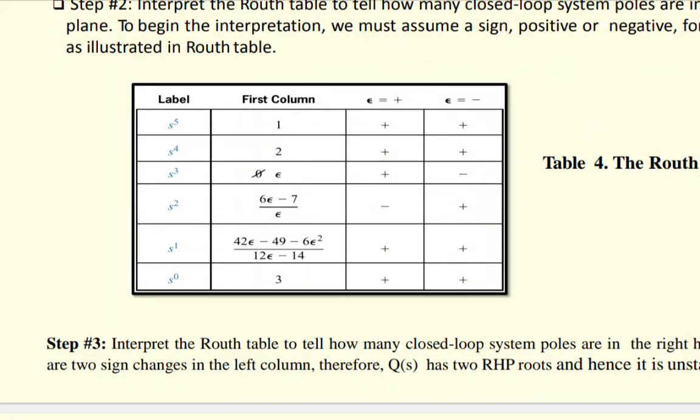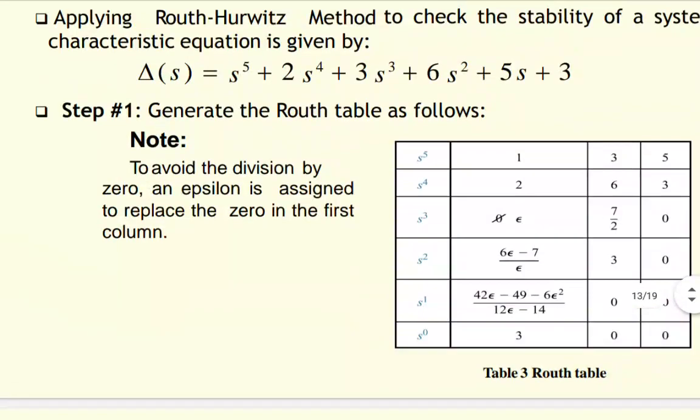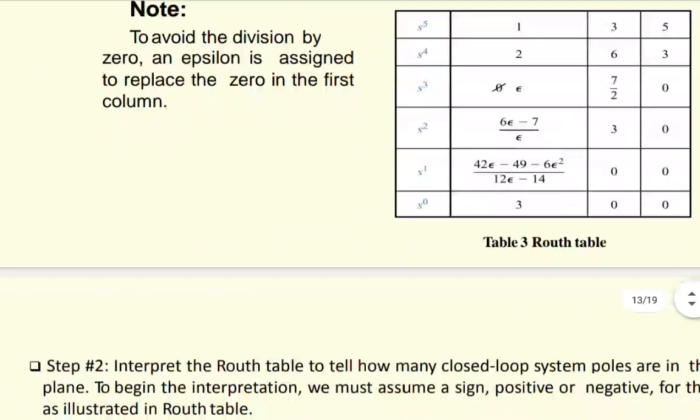I am not disturbing the actual element, so I focus on the first column of the Routh array: 1, 2, epsilon, then 6 epsilon minus 7 by epsilon, then 42 epsilon minus 49 minus 6 epsilon square divided by 12 epsilon minus 14, then 3. This 3 is the coefficient of s to the power 0.